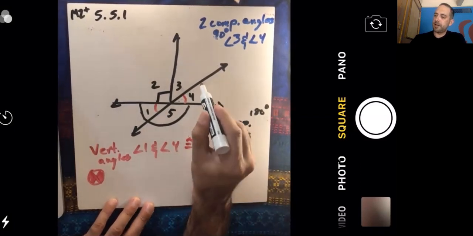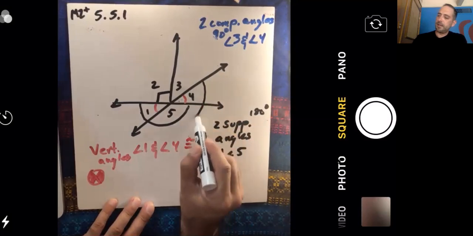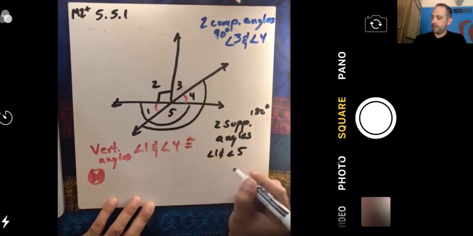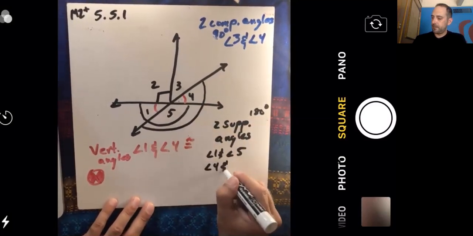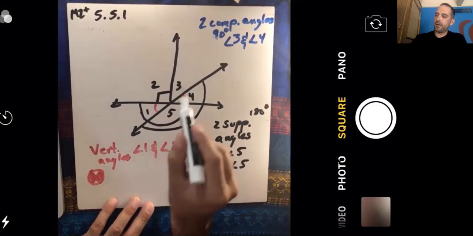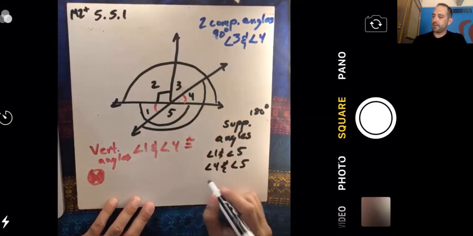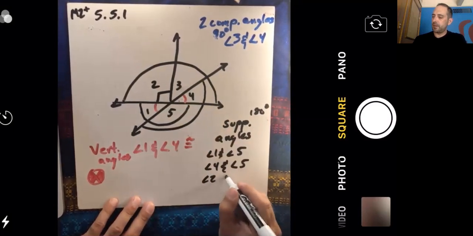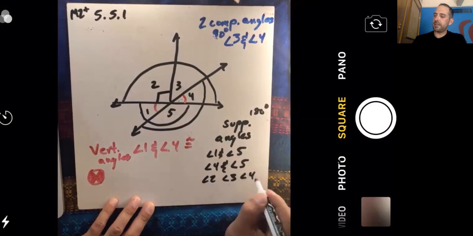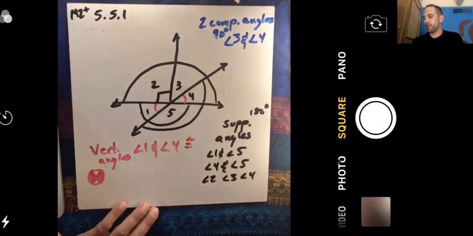Let's see, we also have angle 4 and 5. And we also have three angles that make it. So supplementary angles, we could also have angle 2, angle 3, angle 4. You see that makes a straight line too.